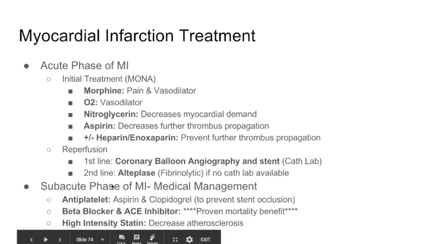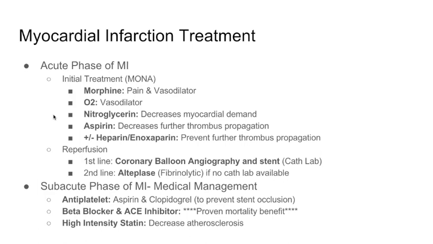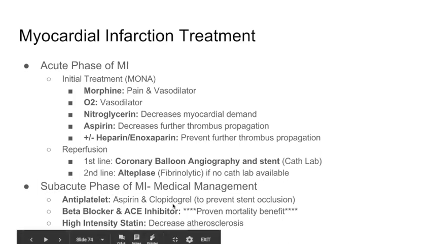The subacute phase of the myocardial infarction is after the patient has been stabilized. This is where your medications come in to decrease the likelihood of more heart attacks or more complications. The first thing that you can give them is antiplatelets, aspirin and clopidogrel, to prevent stent occlusion.